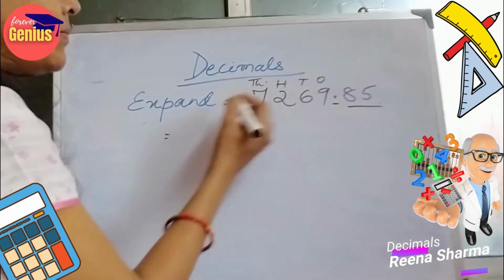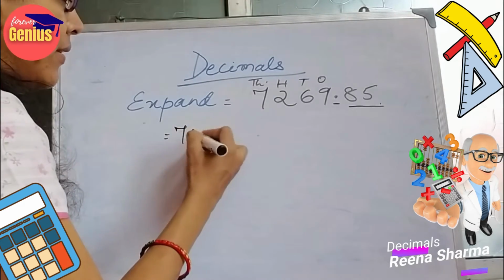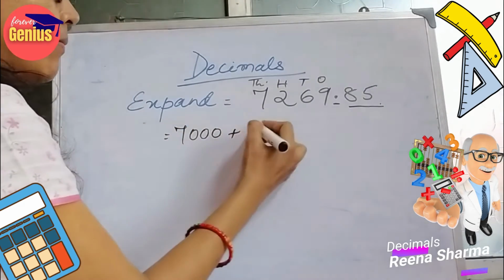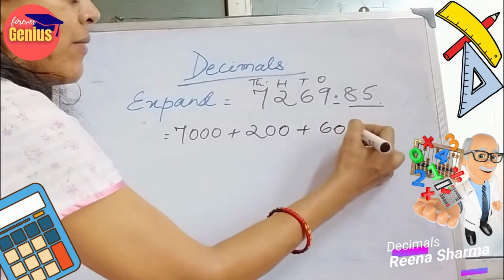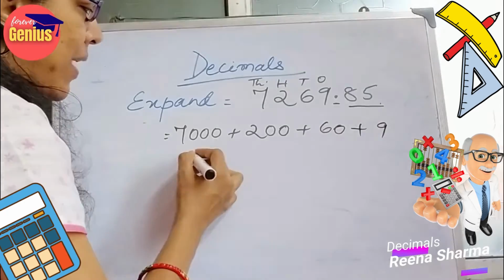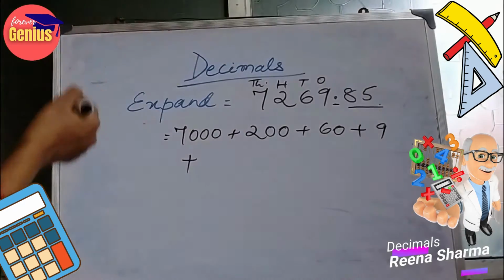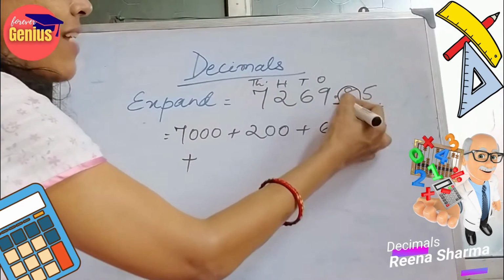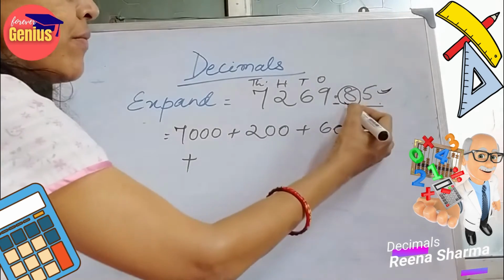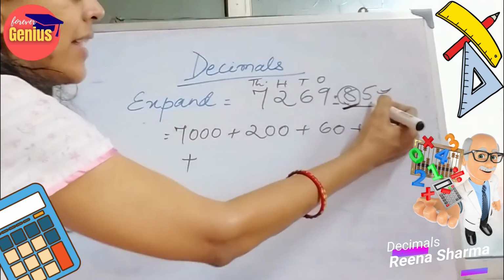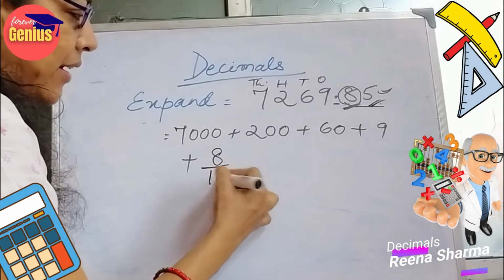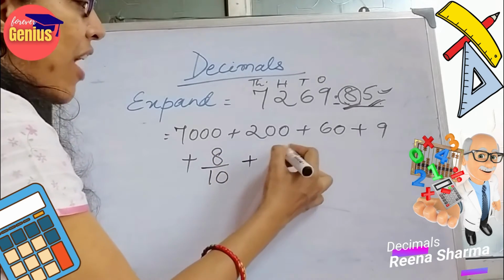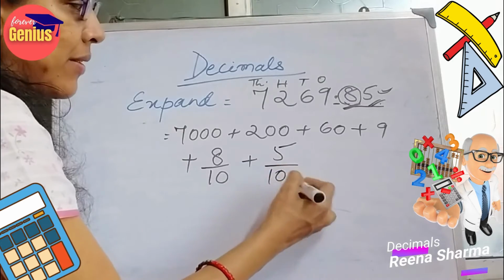Let's have a look. It is 7,000 plus 200 plus 60 plus 9 plus. We have seen that this is tenths values and this is hundredths values. So this I will divide by 10 and this I will divide by 100. 8 by 10 plus 5 by 100.